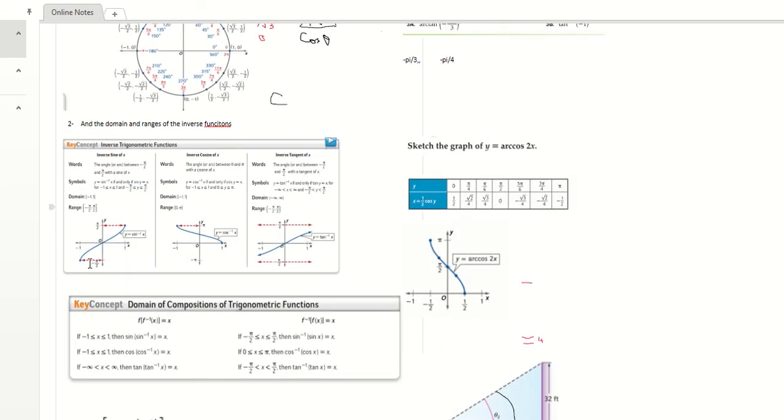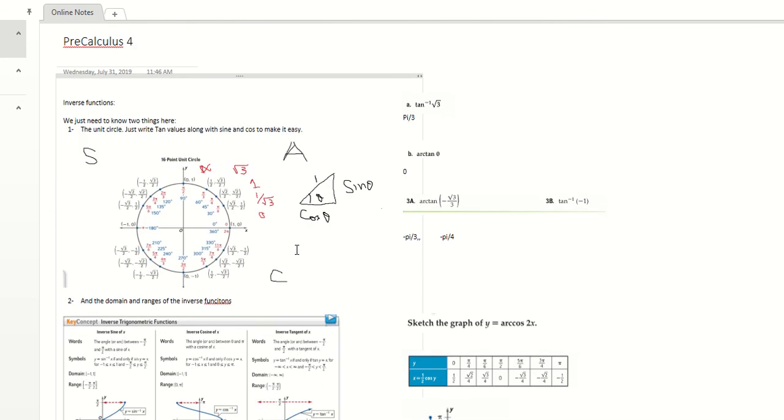Sine and cosine move between minus 1 and 1, and tangent moves from minus infinity to infinity. You can do y over x to find the tangent values. Tangent is on the right side, sine is also on the right side, and cosine is on the top side of the circle. These are the negative angles, on this side.